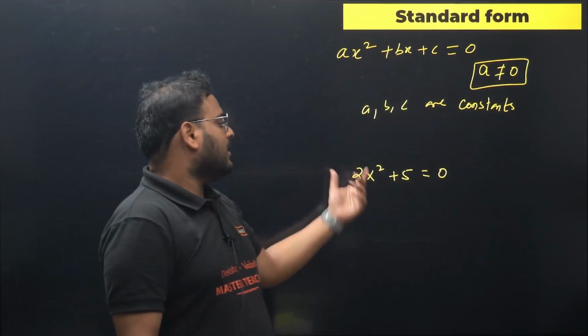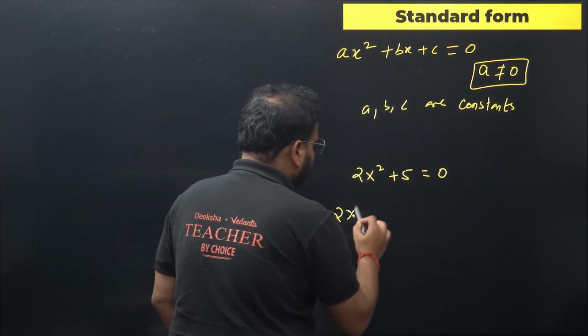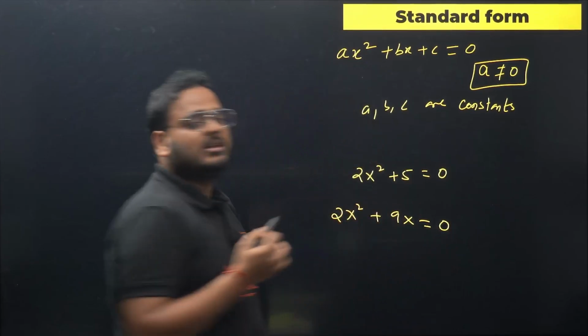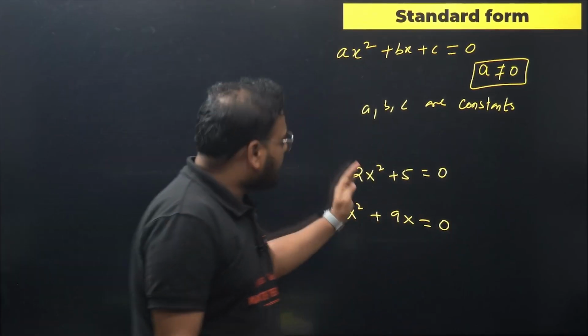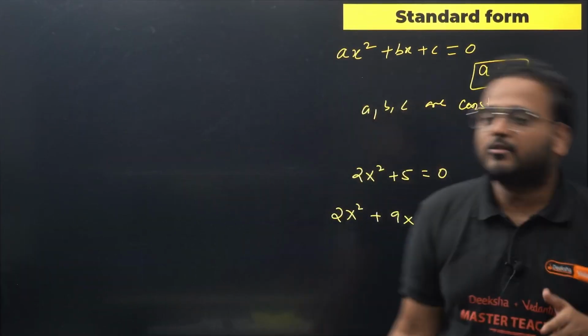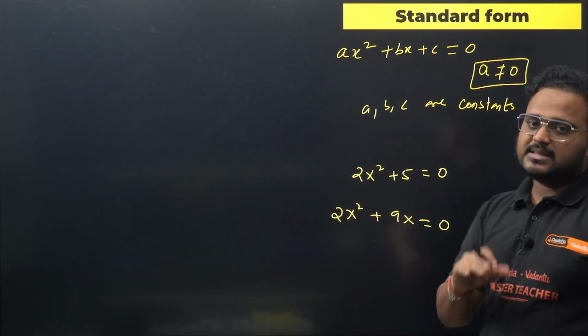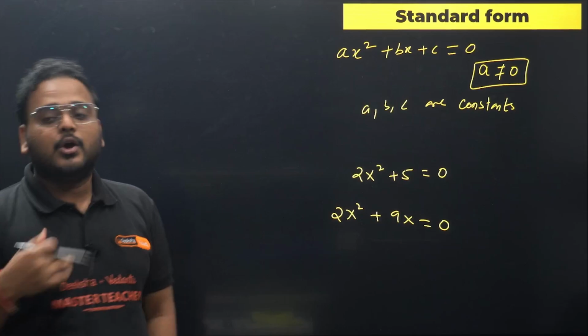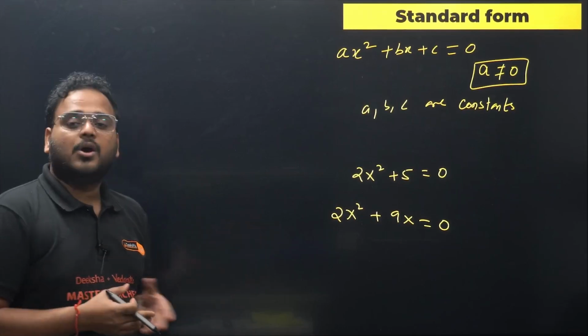Answer is yes. If you have 2x square plus 9x equal to 0, is this a quadratic equation? Yes. Means at minimum the quadratic term should be there. If other terms are missing, that's all right, but you should have the degree 2 term available to call that equation quadratic form.